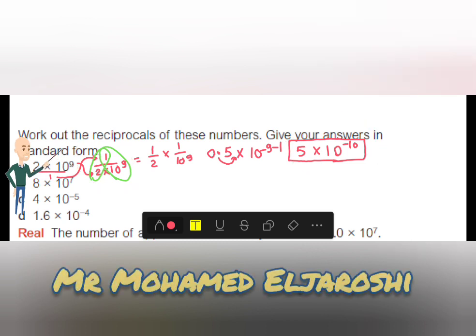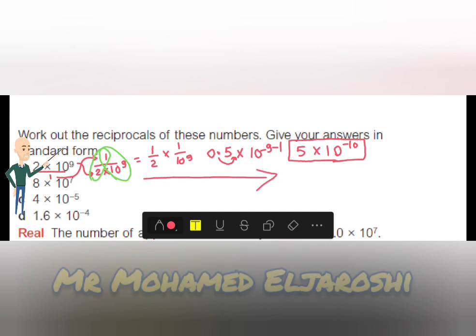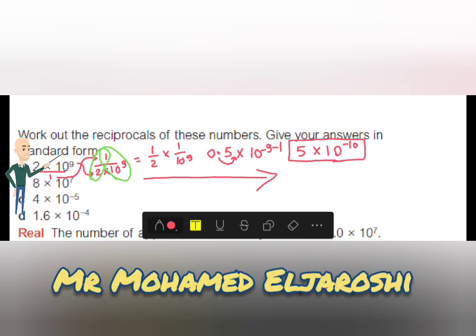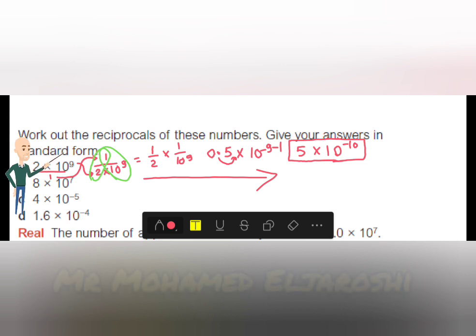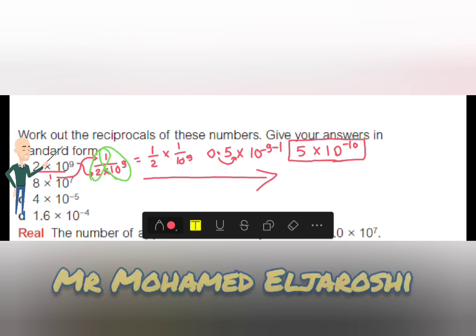Or you can follow these steps that I did. Now we're going to do the other questions using the calculator, in which we don't need to follow the steps, but at least you understand the steps of turning them into reciprocals and then finding the standard form.